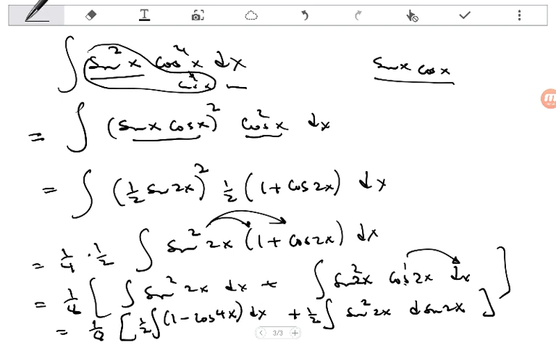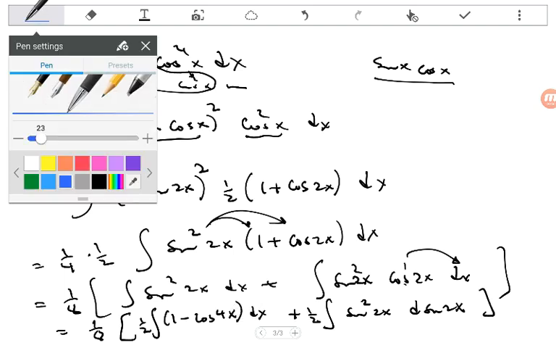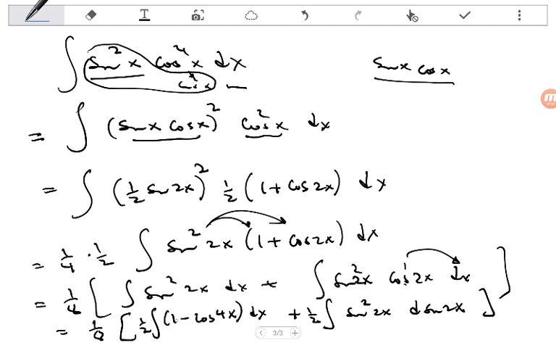Okay, now all of these integrals are manageable. Integration of 1 is x. Integration of cosine 4x is sine 4x divided by 4. What about this integral, sine squared 2x d sine 2x?